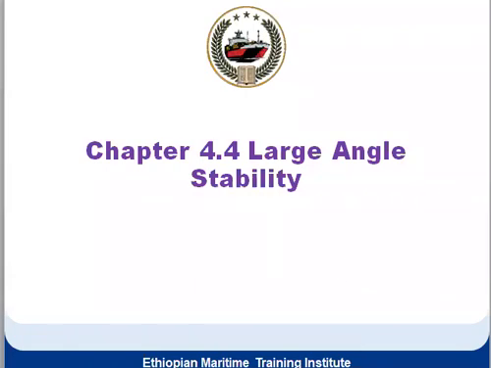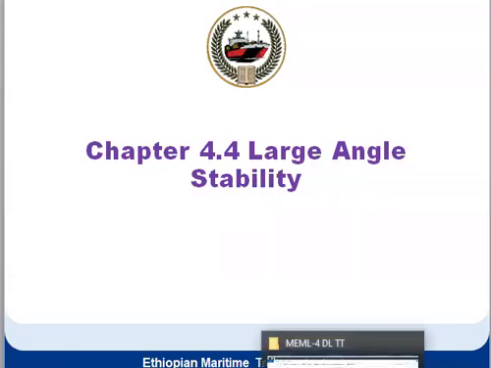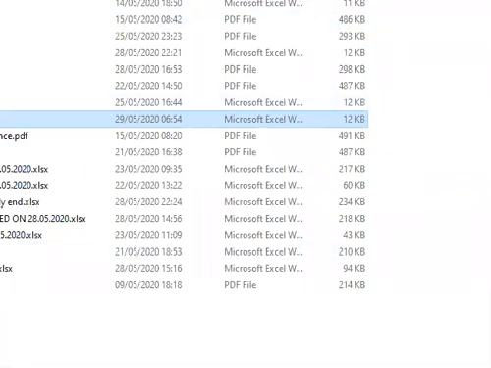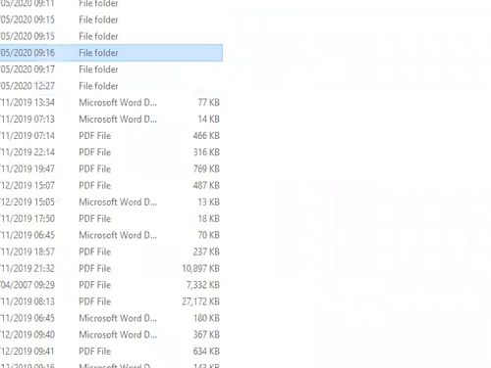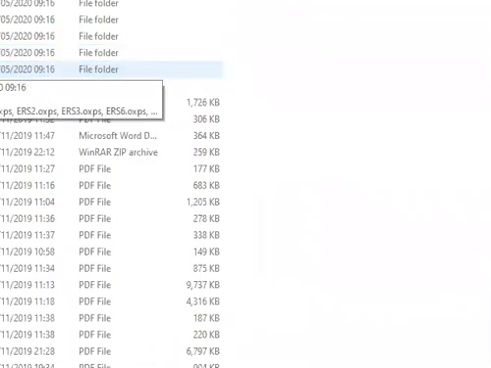Where we stopped in naval architecture, that numerical part, the last chapter was 4.3. There we stopped, and there was a question from Ilma or Admasu Workney.